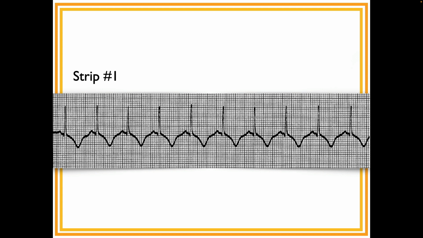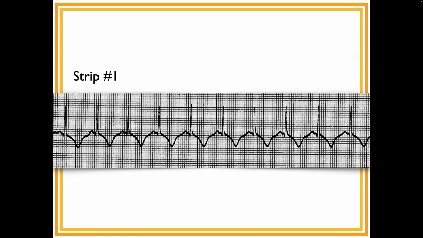All these things are going to change it. So, our rule of thumb is this. At rates between what I'll think of as normalish rates, let's say between 50 and 110, you can have as much as 3 small boxes of variation and still say that's regular.